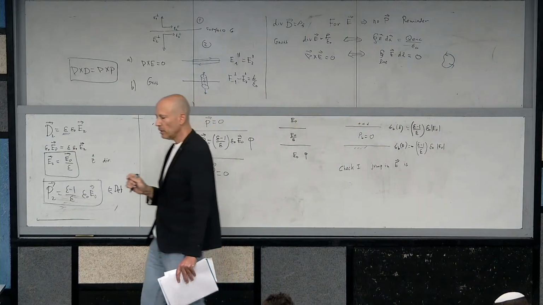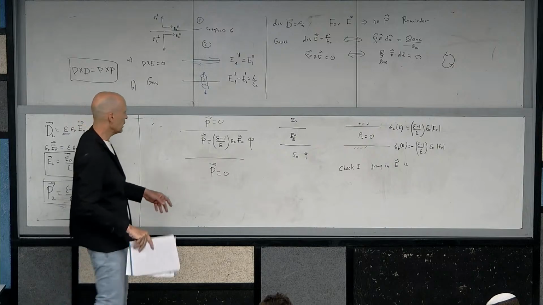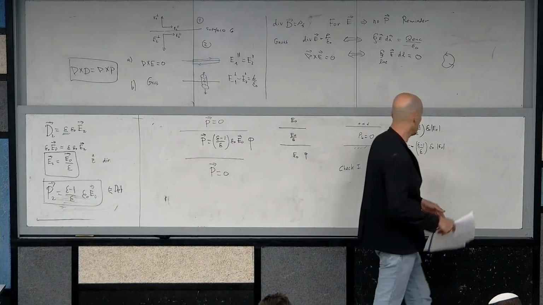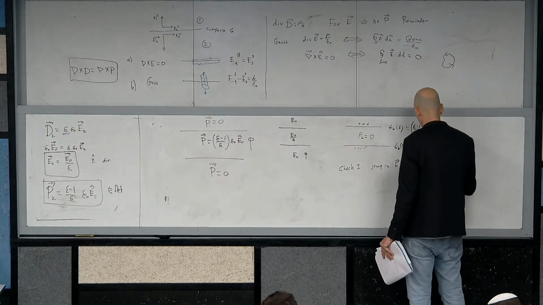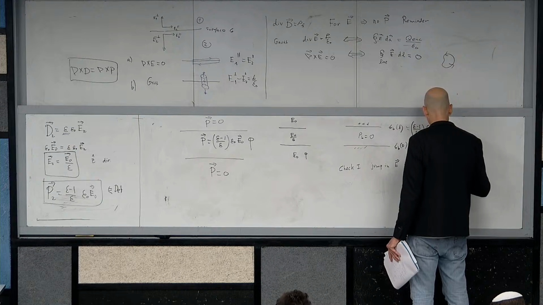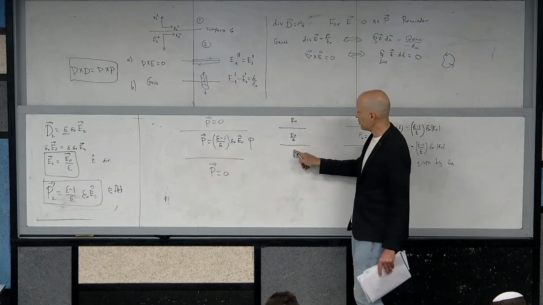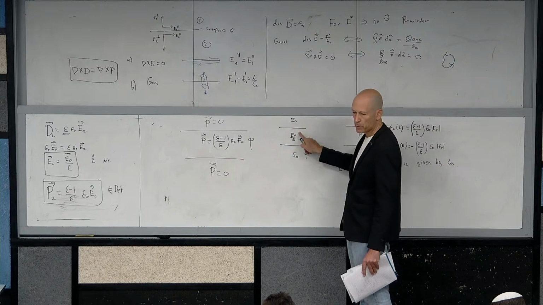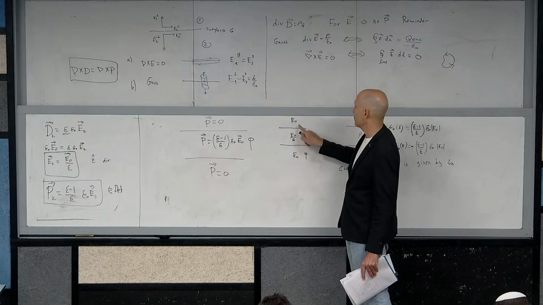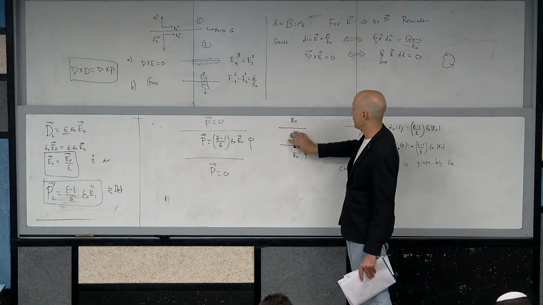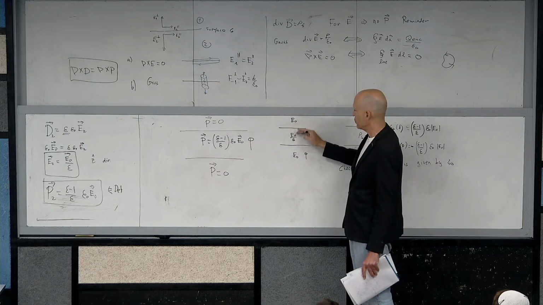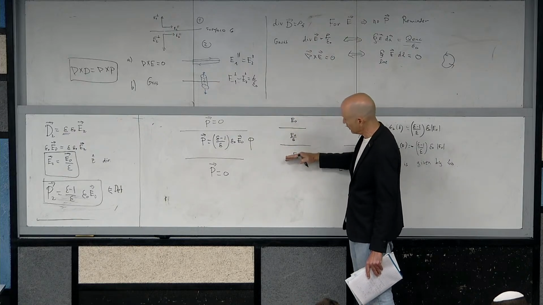The jump in E, and we know what E is because we have this thing, is given by this sigma B over epsilon 0. And you see it jumps here and it jumps here. Because epsilon is bigger than 1, let's say it's 80, here it's small, here it's big. So you make a jump, you have some positive charges up here, and here you have negative charges.